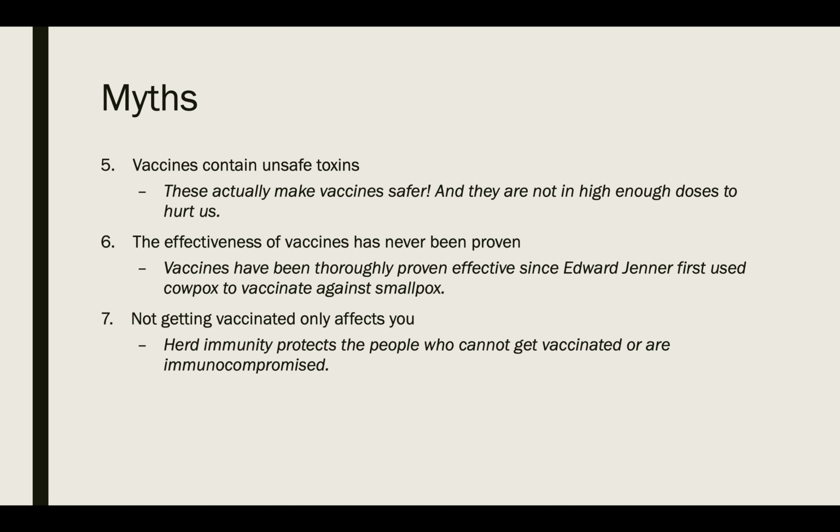Herd immunity protects the people who can't get vaccinated or are immunocompromised. You may get the flu shot and still get the flu that year and think it doesn't work, so it's not important to get it. But vaccines are really about herd immunity and protecting the overall population.